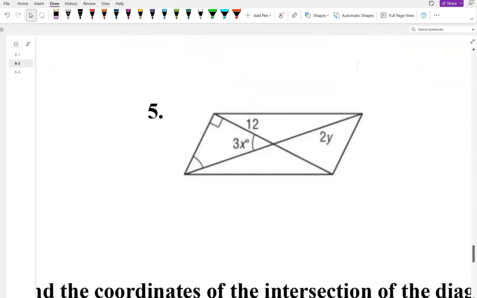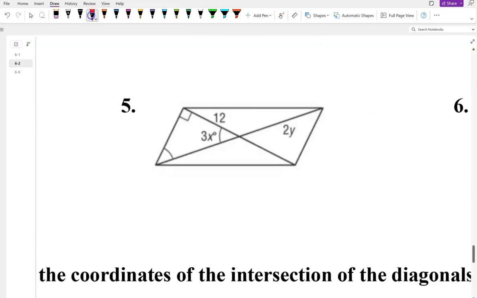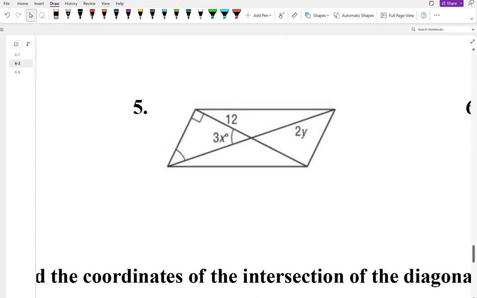Okay. Now, the other example I'm going to do is number 5, because this is one where it's not quite as straightforward. Okay, because this time you're dealing with the angles. So on this question, the one thing you need to make sure you understand is when I'm looking at this, right, I need to kind of use other prior knowledge that I have as well. So for example, 3x, since these both have this little line like this, that means that this left side is also 3x.